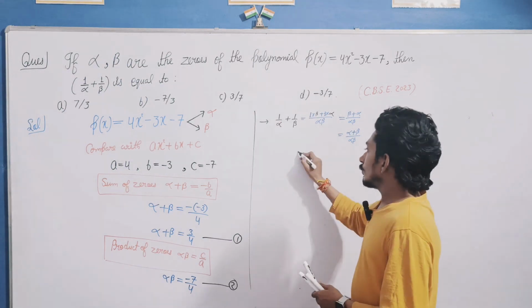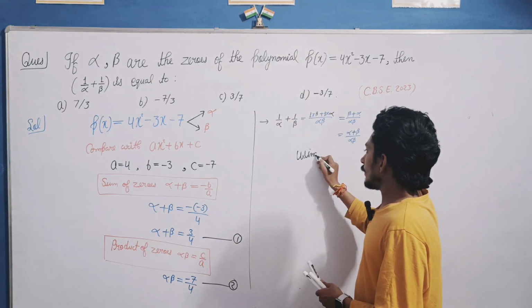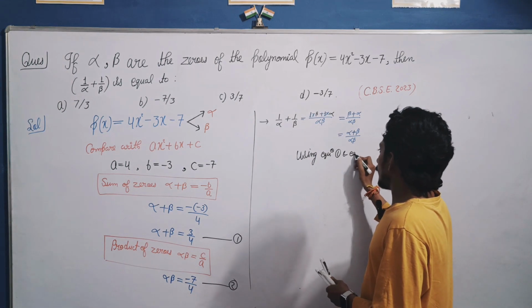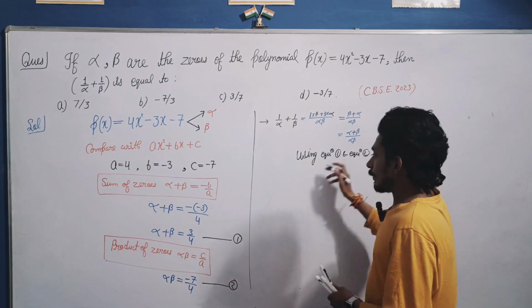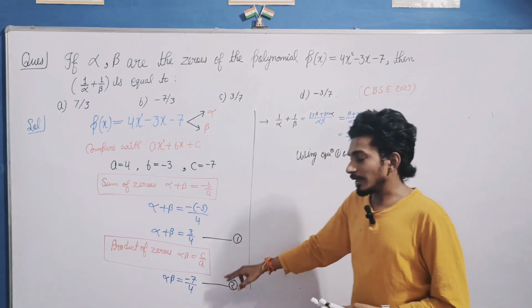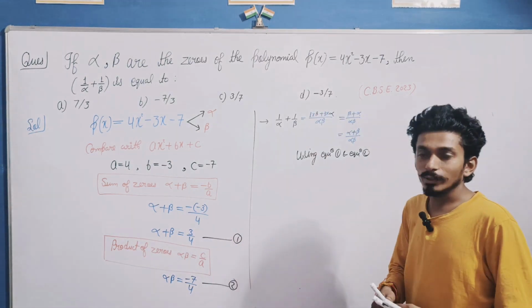Now we use equation number first and equation number second, and put the values of alpha plus beta and alpha beta from equations first and second respectively.